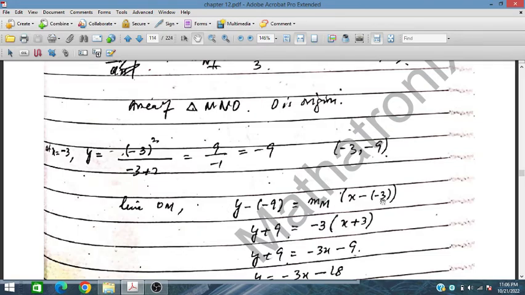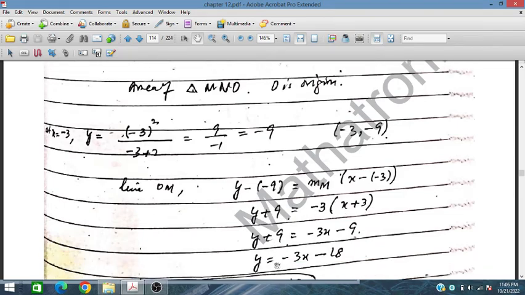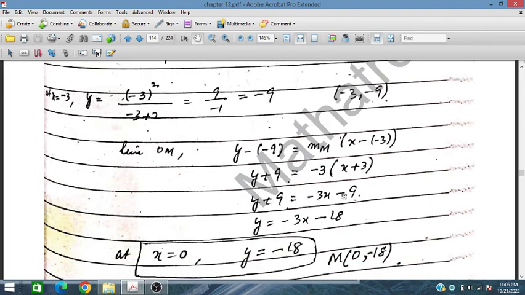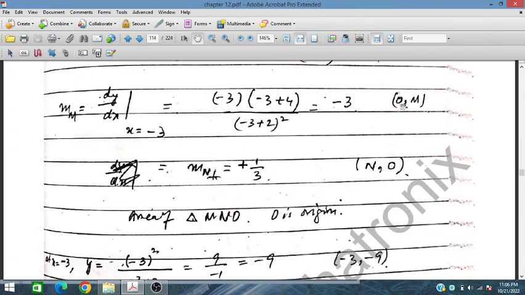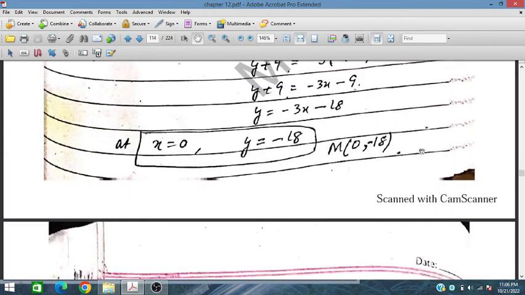Line OM can be obtained as this: M, y plus 9 is equal to minus 3 times x plus 3, so y plus 9 is equal to minus 3x minus 9. At x is equal to 0, the y is minus 18 as per this. So the point M is obtained at 0, minus 18.